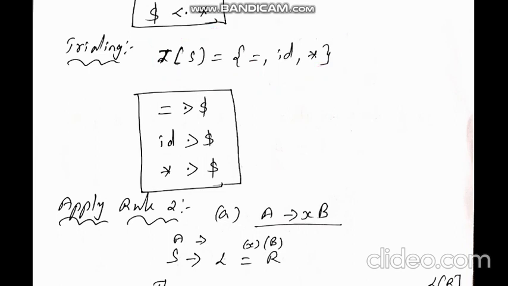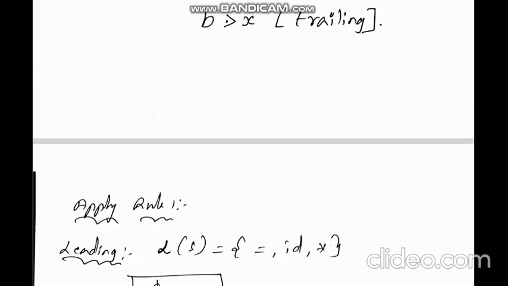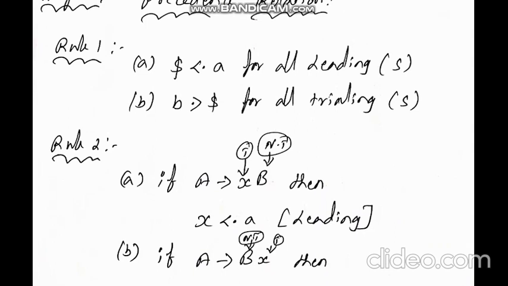So in this trailing, you can check it over here. This symbol, that is this input, we call that input b, and this dollar will be on the right hand side, right? And you can see this symbol is used as the trailing symbol. Okay, so now we are going to apply the same thing.